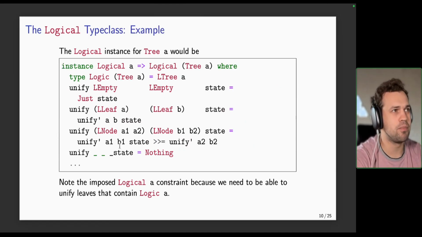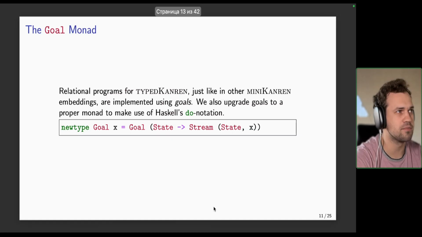Here's an example of a Logical instance for a tree. We define the logic counterpart of Tree to be the Tree A that we have seen before, and then there is a standard definition for all of the methods.